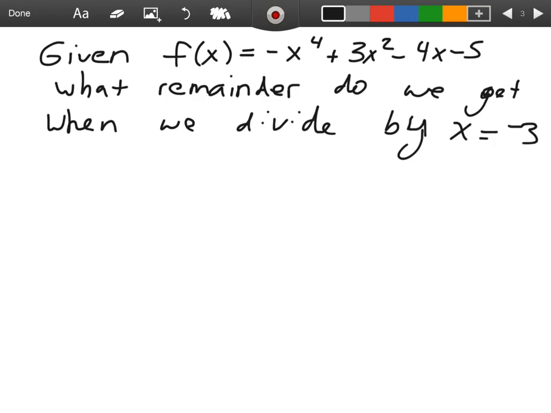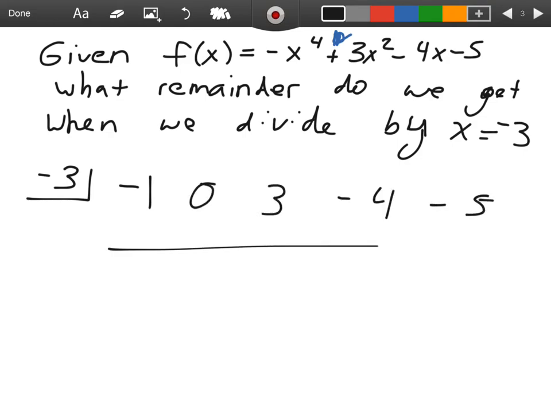Okay, so again, with synthetic division, we are doing it with a specific x value. So here we don't have to divide or set equal to 0 and solve because we are given an x value. We are missing a term. Up here you can see we are missing a x to the third term. So we have -1, 0, 3, -4, and -5.